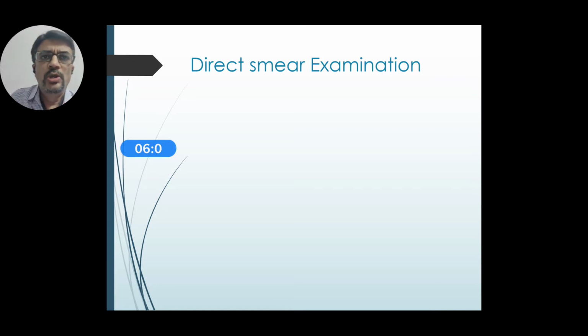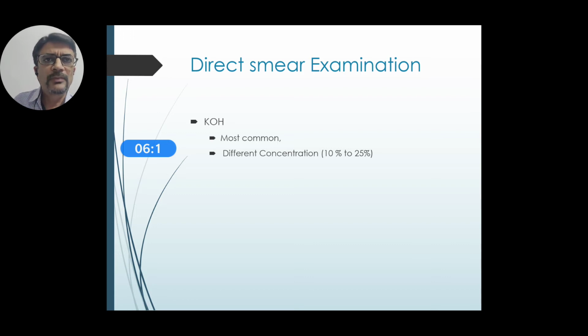How to see whether the lesion is due to fungus or not. So it is very easy. In direct smear examination, what we do is KOH preparation, that is potassium hydroxide. That is the most common way of diagnosing the dermatophytes, because KOH has a typical ability to digest keratin.